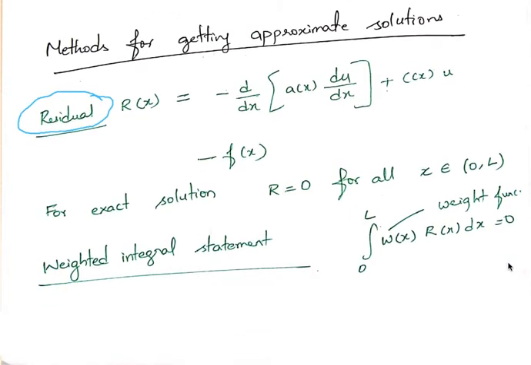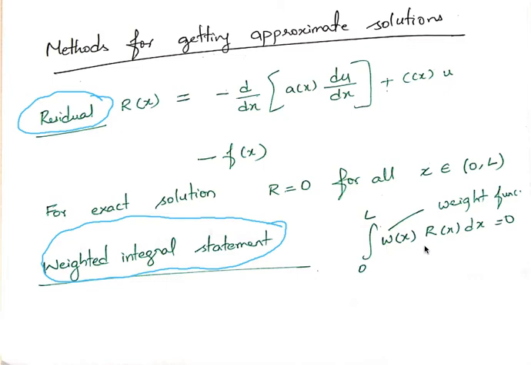For that we come to the next term, which is called the weighted integral. Now what is the weighted integral? Instead of trying to satisfy R to be 0 at all points, I will multiply R with a weight function w of x.